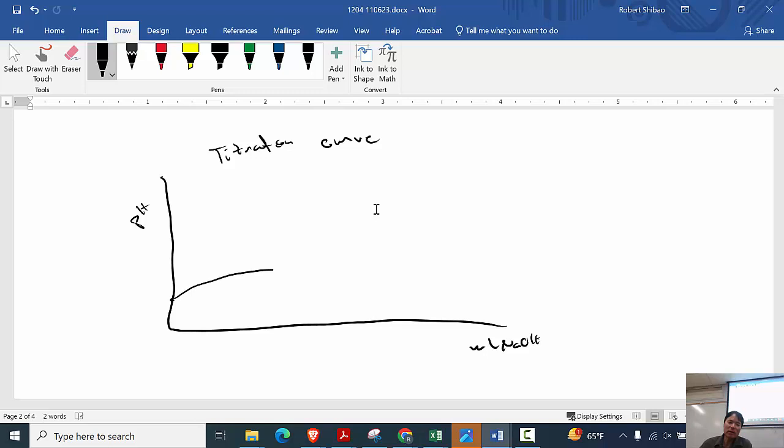Normally when we want to get the species, what are all the species present, we have to do the ICE, right? We go through the ICE and figure out what the equilibrium concentrations of all the species present are. If I'm here, what are the concentrations of all the species present?